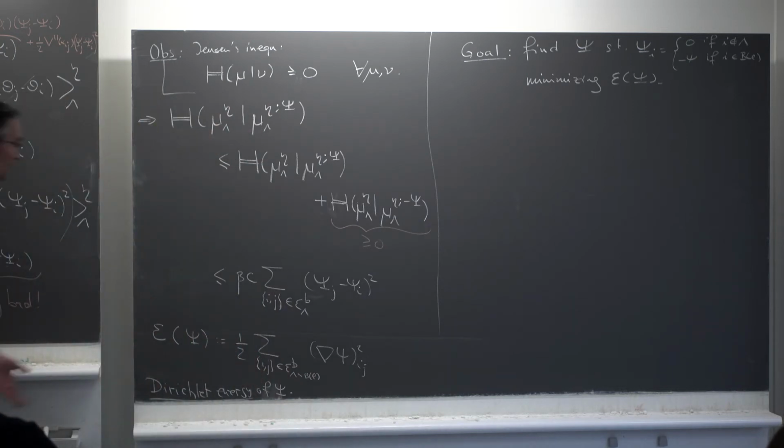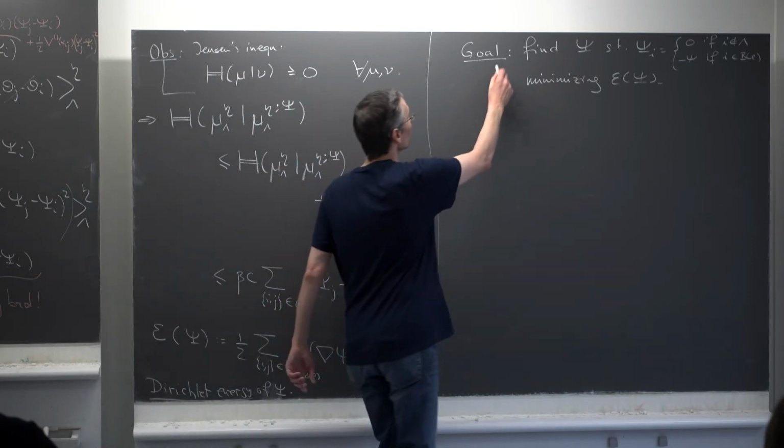That's what we want to do, right? Because we want this bound to be as small as possible, so we want to minimize.